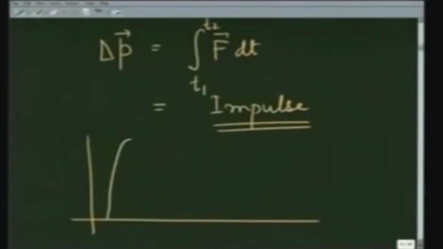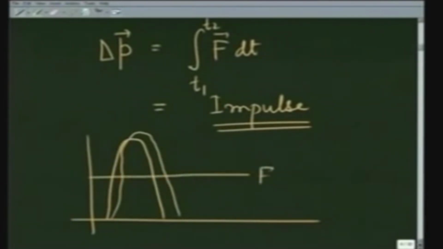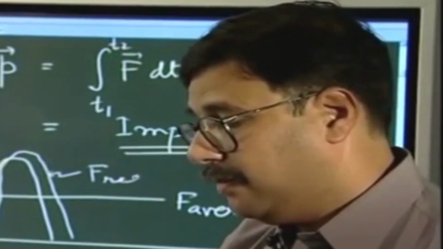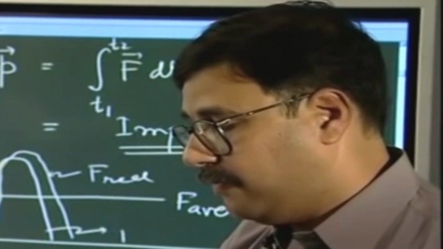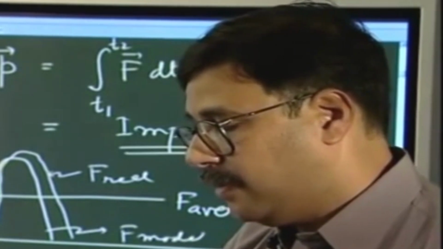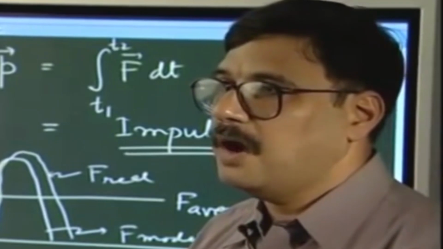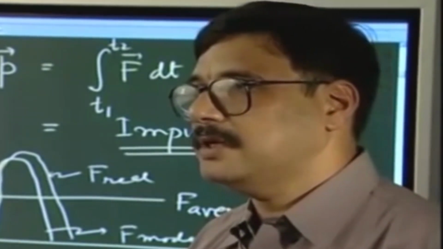Although I have made the force varying like this, a very neat curve sine omega t, the actual may also differ slightly, but the average force was somewhere here. So this is F average, this is F maybe real, and this is F as I have modeled it. But it gives you an idea as to in different situations how we tackle momentum changes and forces.